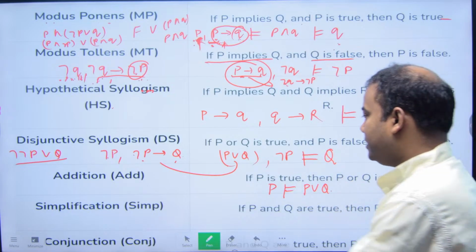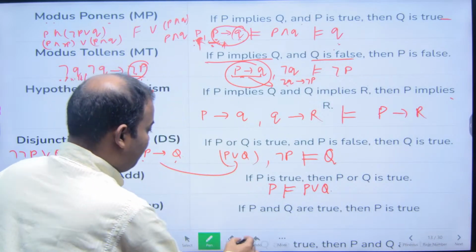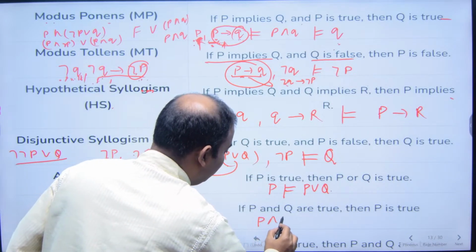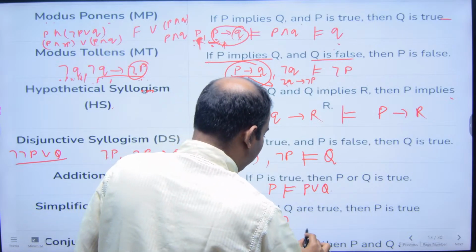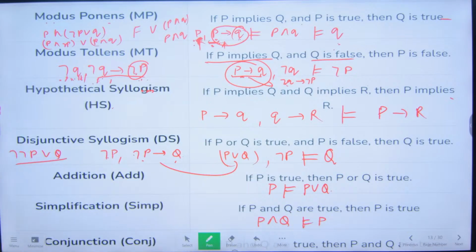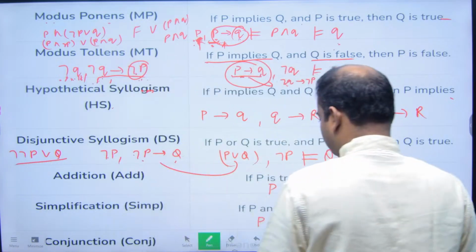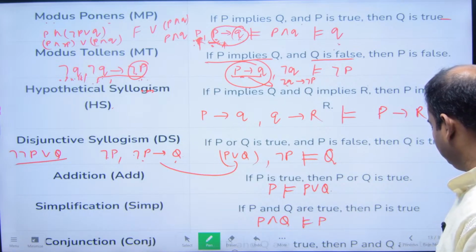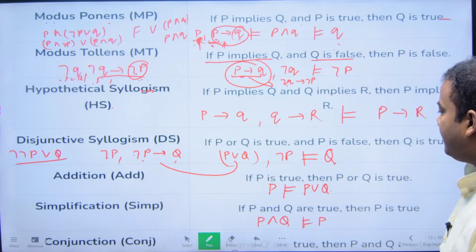Okay. But what is simplification? P and Q is true, then P is true. Okay. Is it clear?